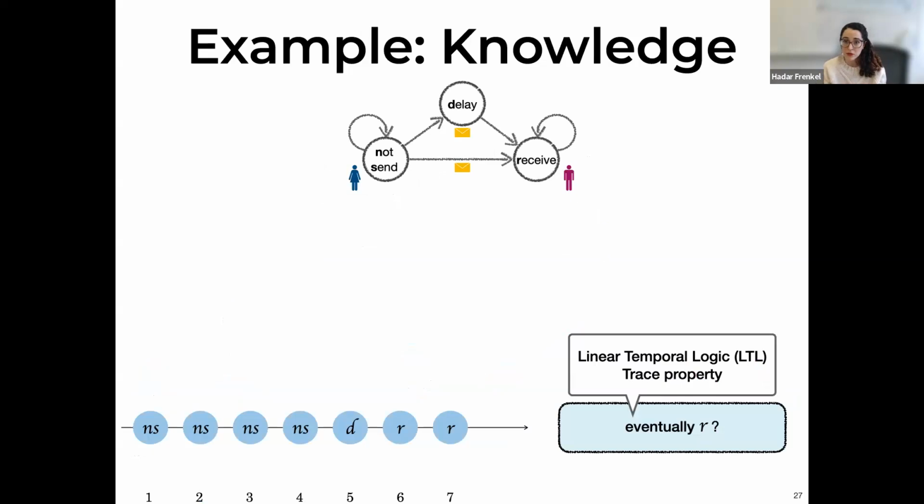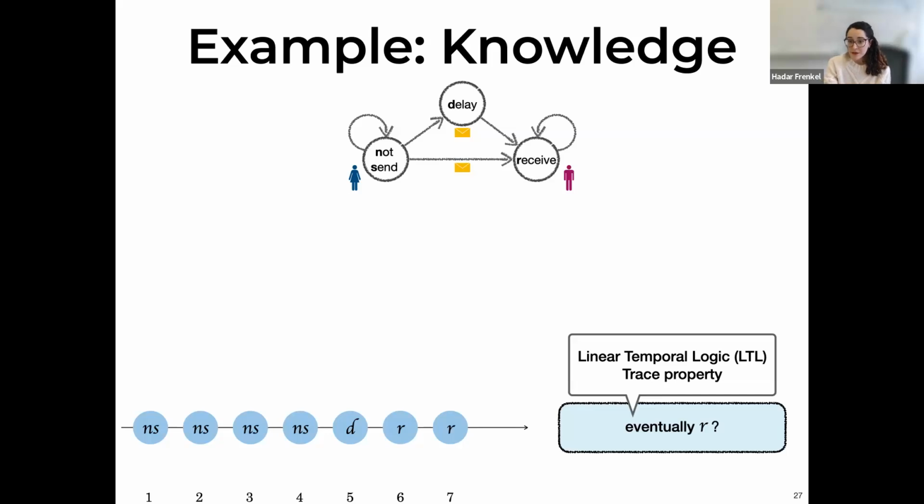I can look at this execution. I can see that the message is received at time step 6 or 7 and so on. And so the message is eventually received. And this is a property that I can express in LTL. This is a trace property because I can check every trace separately.